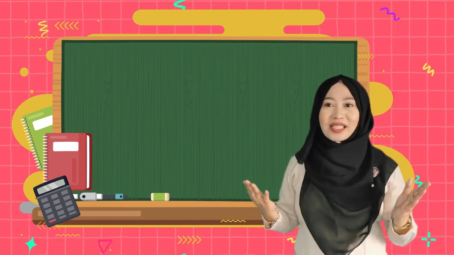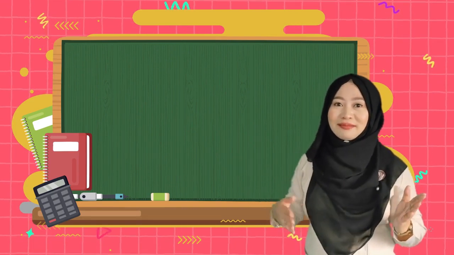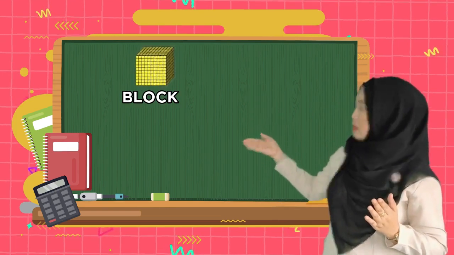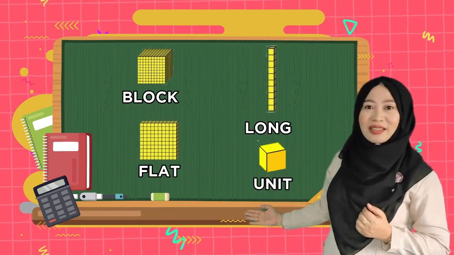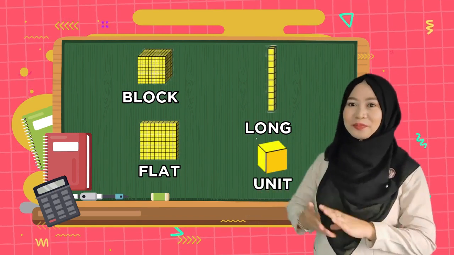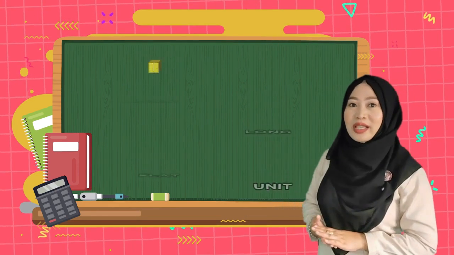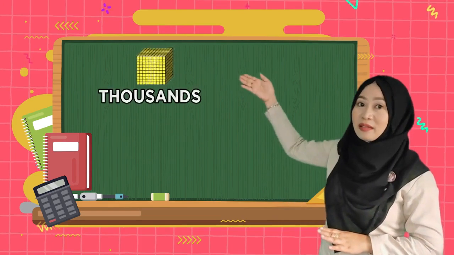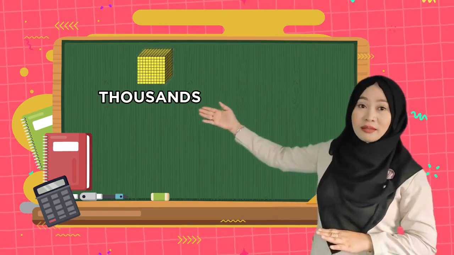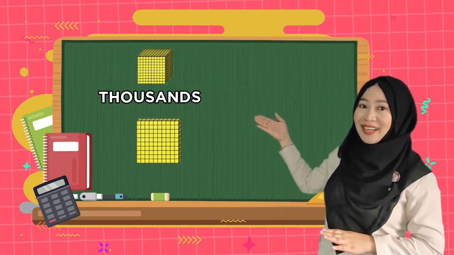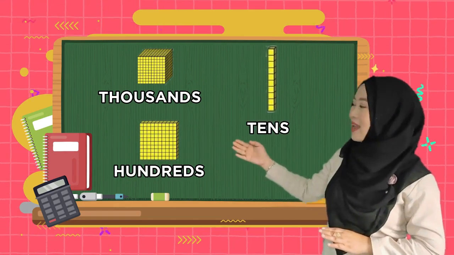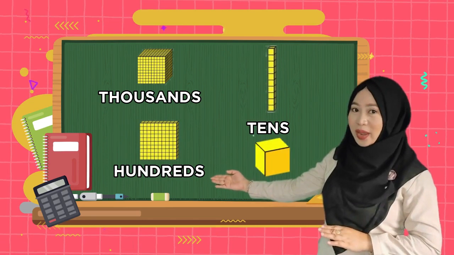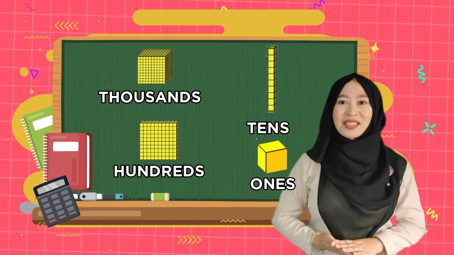And now, let us try again visualizing numbers using block, flat, long, and unit or square. And now, block represents thousand, flat is for hundreds, long is for tens, and unit or square is for ones.